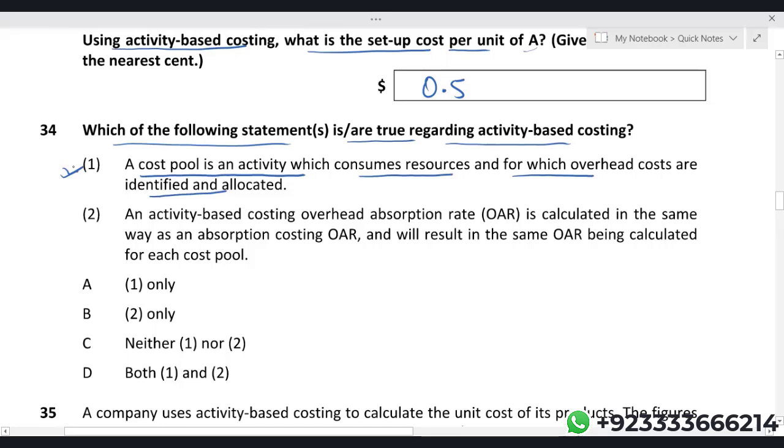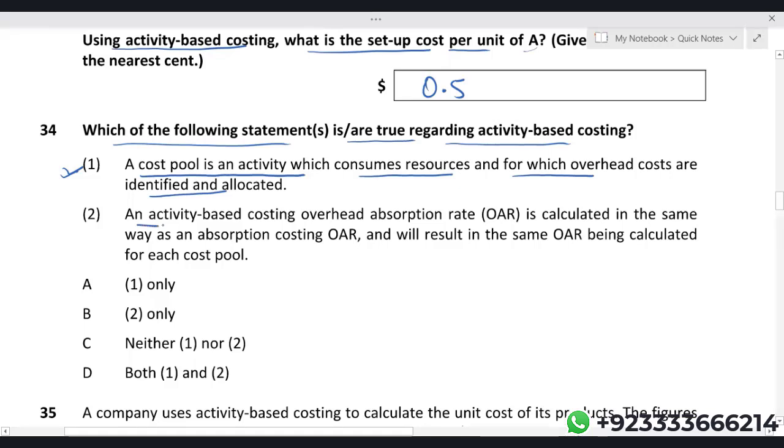When you carry out the same activity repeatedly, the total of that activity is the cost pool. For example, if there's an inspection cost of 200,000 and we carried out the activity 20 or 30 times, that total relates to the total number of inspections. So a cost pool is an activity which consumes resources and for which overhead costs are identified and allocated.